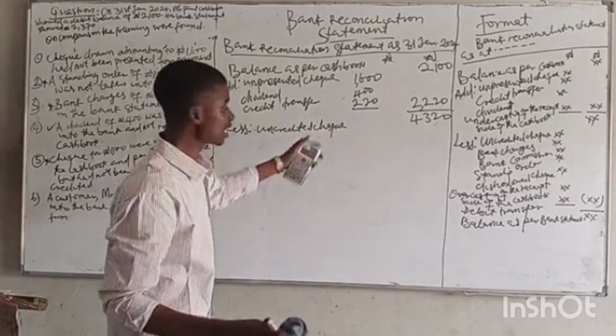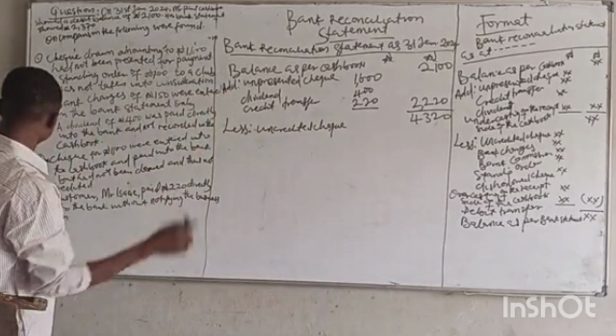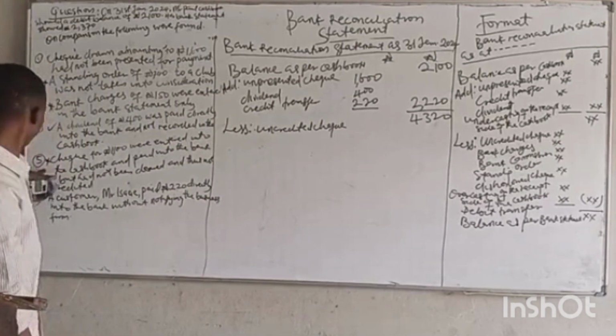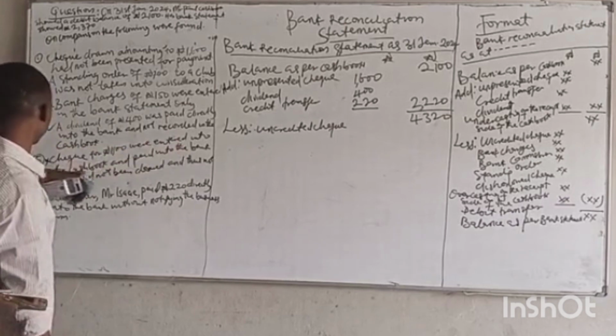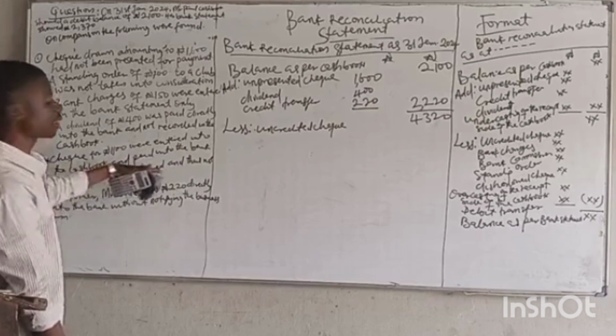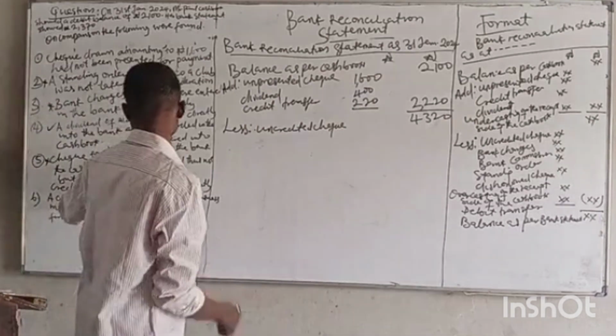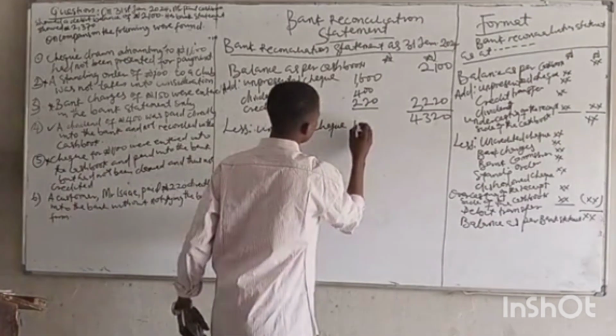We less uncredited check. And from the question here, uncredited check is number 5. It said checks for 1,100 were entered into the cash book and paid into the bank but had not been cleared. So this is uncredited check, and the amount is 1,100.